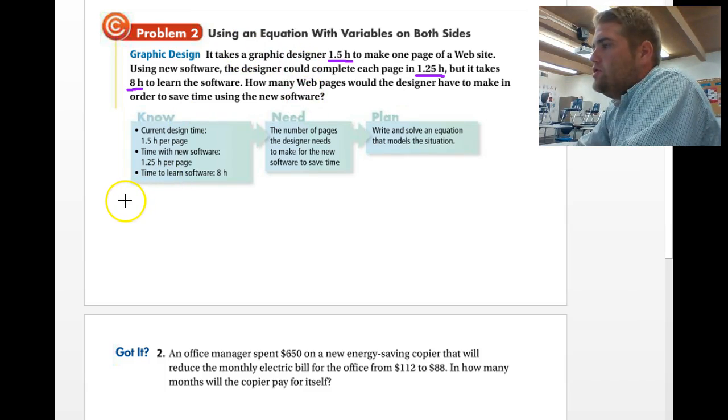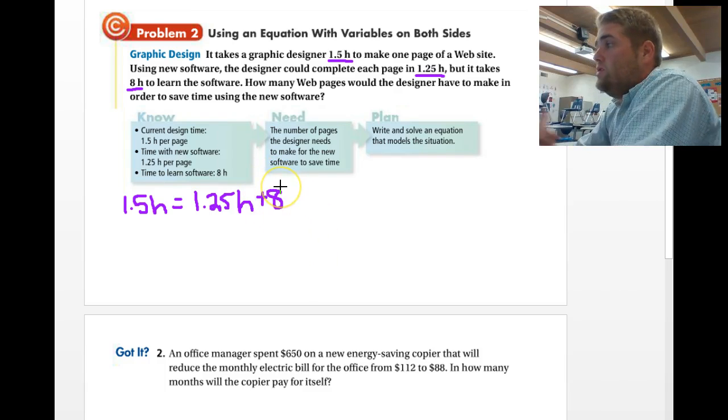So at first, it took the designer 1.5 hours to make a web page, so that's what he used to do. His new thing is going to be 1.25 hours plus 8 hours to learn the software. This is only 8 because once he learns it once, he doesn't have to learn it again.